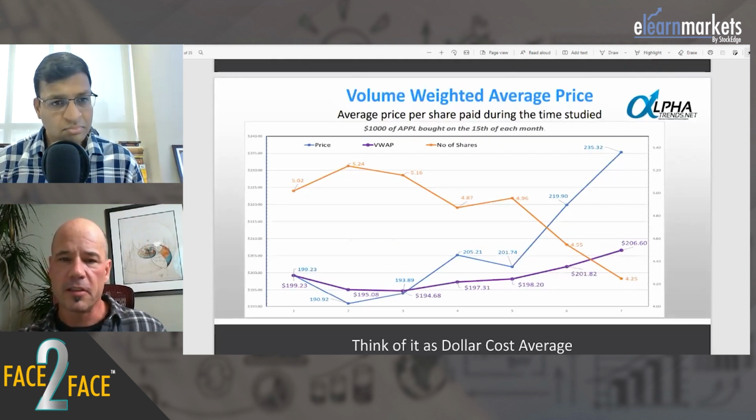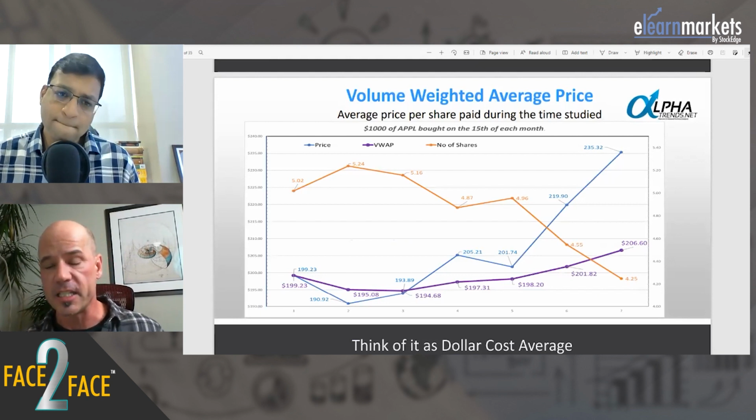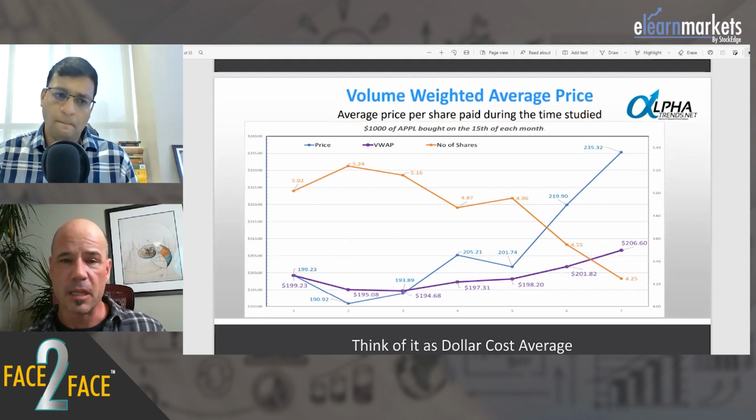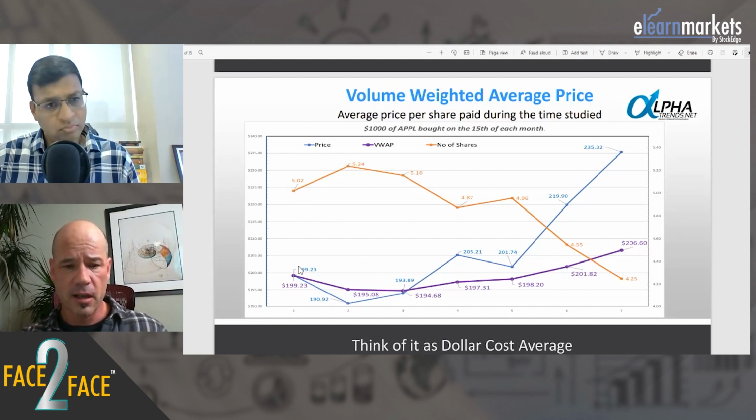The way to really think about it, the volume weighted average price is dollar cost average, basically. It's the same thing. If you took $1,000 each month and invested it in Apple, in this case, the stock is trading between 225 and 197 when I put this together. So in the very first month, you bought five shares at a cost of $199.23. That was your $1,000.